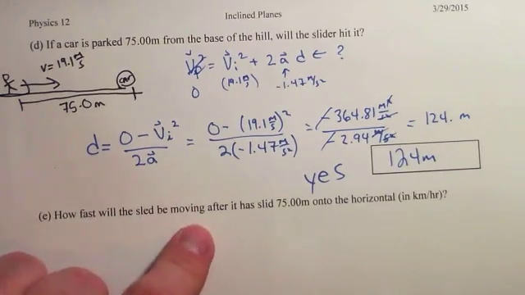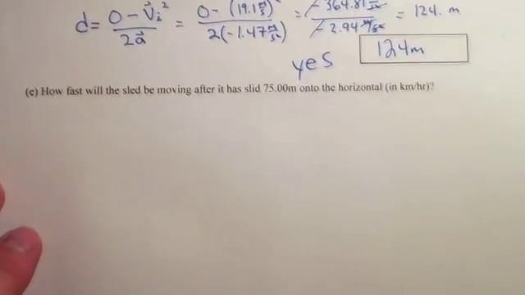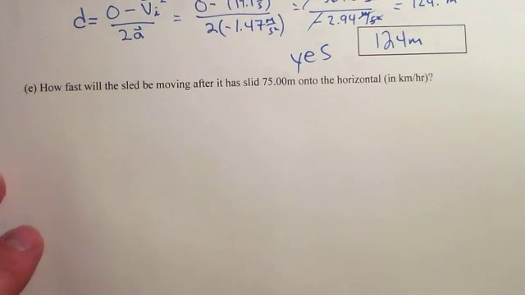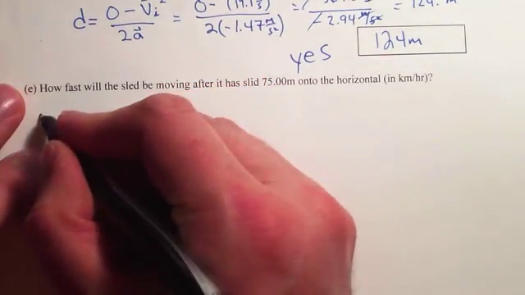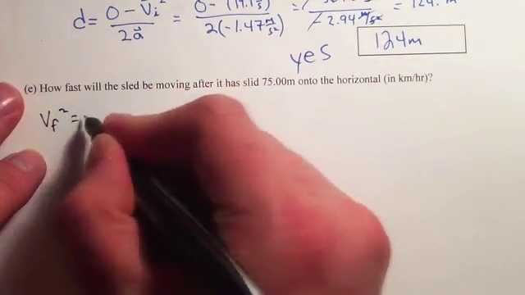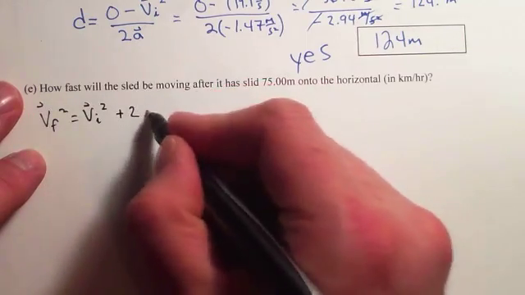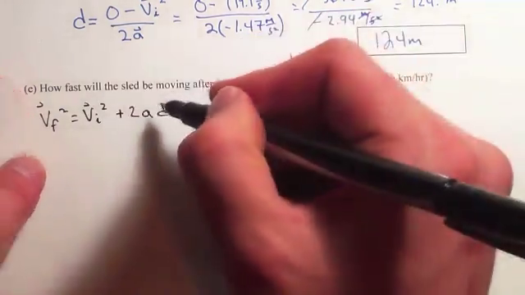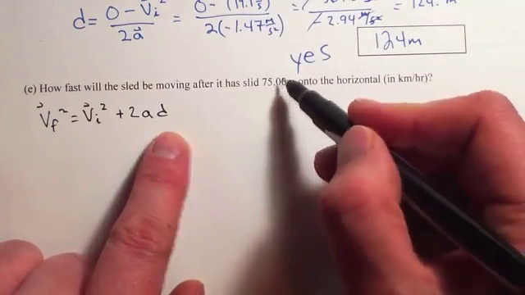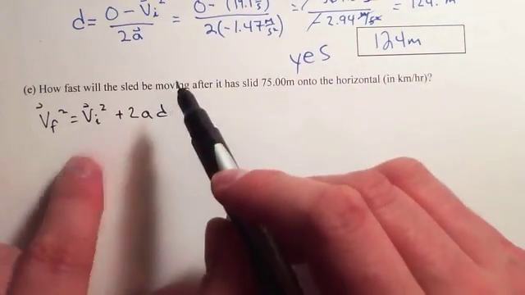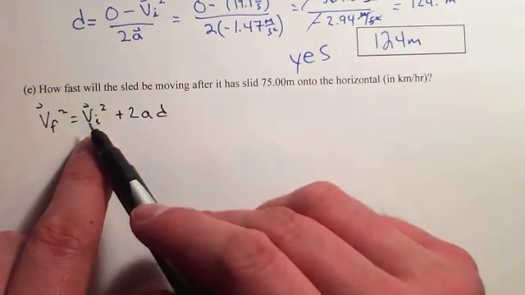So now the final question that we're being asked in this problem is how fast will he be traveling when he hits the car? So we're going to resort back to that same equation. Final velocity squared is equal to initial velocity squared plus 2AD. Now I have the distance. I'm going to sub in 75. I have the acceleration. I know my initial velocity.